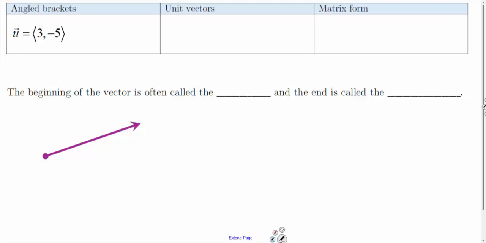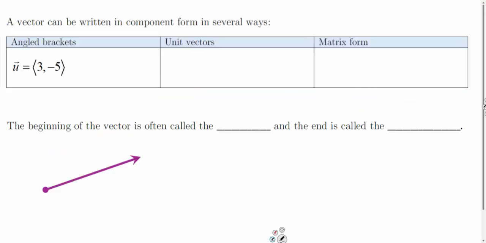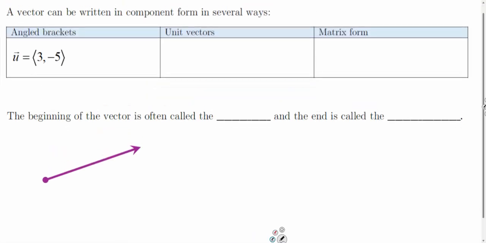Okay, so here's the notation, just so you're aware. There are 3 ways, right? One way is what we've been doing, angled brackets. The other way is this, u vector. We use that vector symbol, is equal to 3i hat plus minus 5j hat. I'll explain what the i hat and j hat are later, but for now, I just want you to get used to the notation.